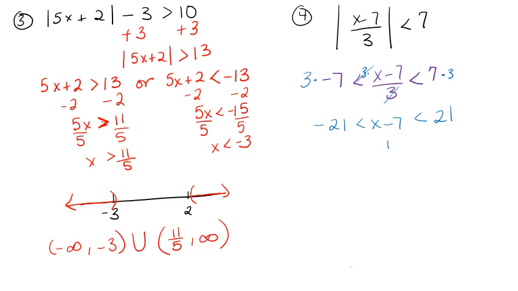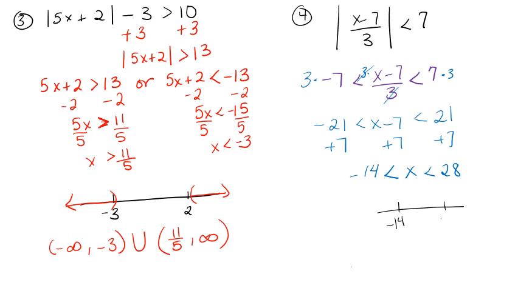Now I'm going to add 7 to all sections. So let's see. 21 plus 7 is 28. X less than... negative 21 plus 7 is negative 14. All right. So let's graph that.